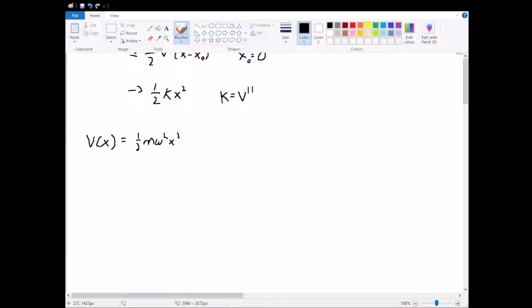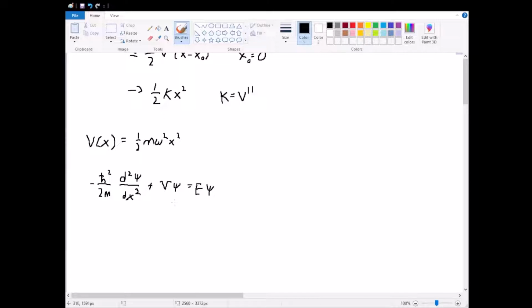Since this has no time dependence, if we do separable solutions, then the phi of t time dependent solution remains unchanged, whereas our x dependent solution becomes negative h bar squared over 2m times the second derivative of little psi, which is our time independent wave function, with respect to x squared, plus whatever our potential is, V times little psi, and this is equal to the energy times psi.